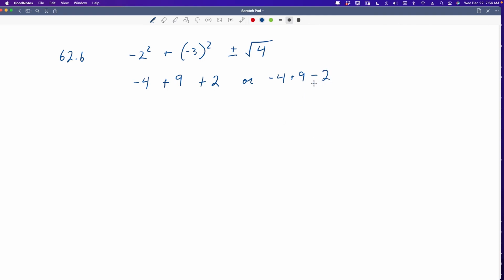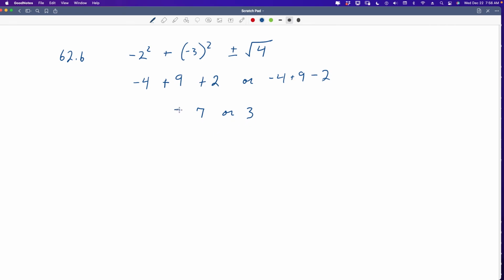Plus or minus 2. Those are two answers that we have to solve for. So in this case, we have -4 plus 9. That's going to be 5, +5 plus 2. The answer is 7. Or we have -4 plus 9. That's a +5 minus 2, which is 3. So our answers are 7 or 3.